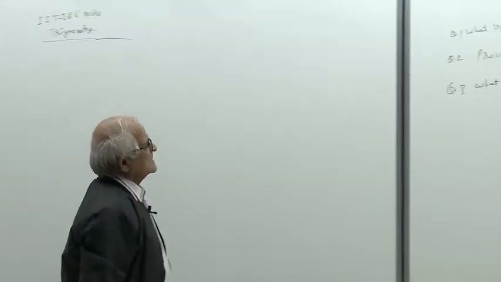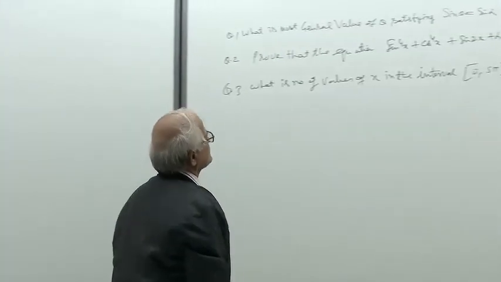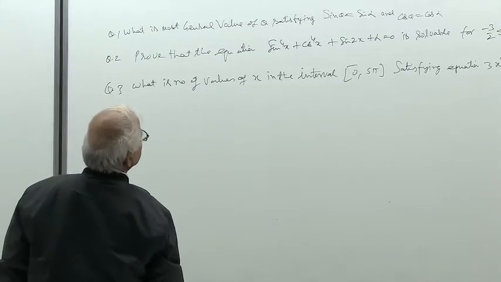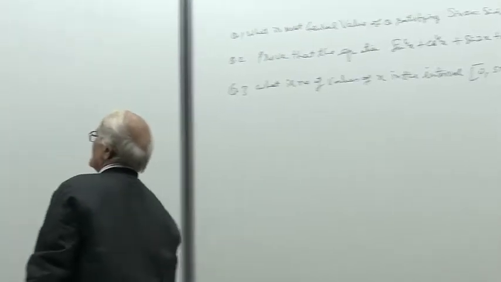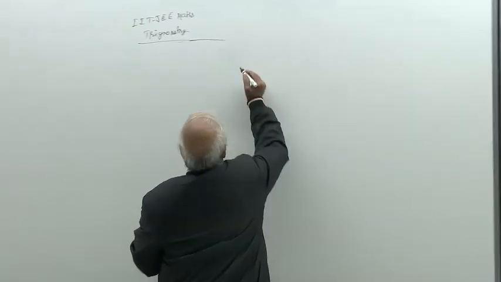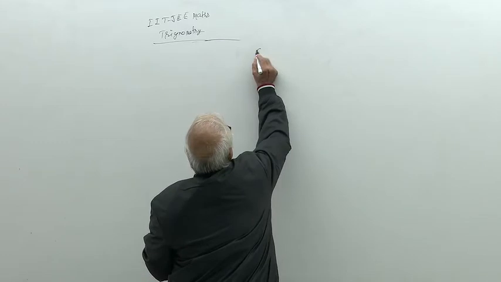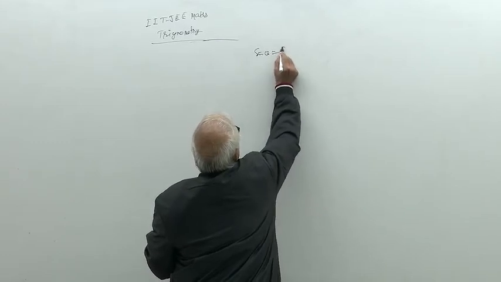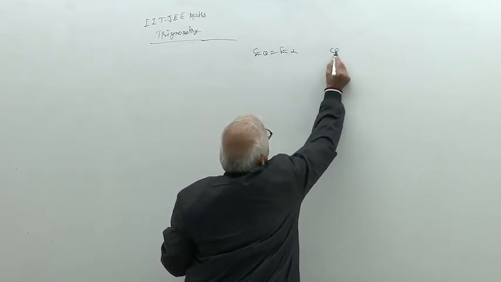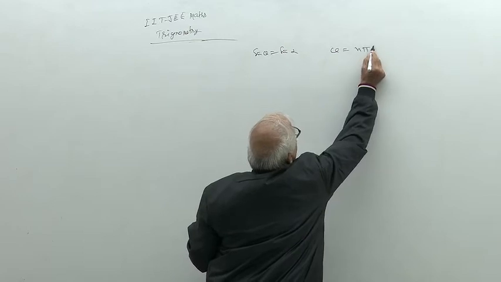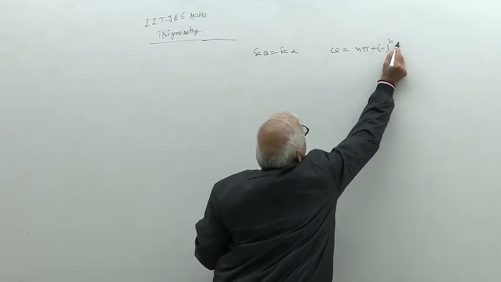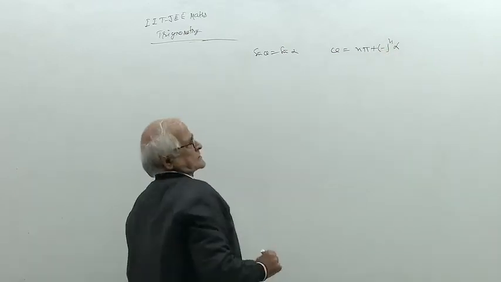What is the general solution of the theta satisfying sin theta is equal to this and cos theta is equal to this? We have the sin theta is equal to sin alpha. We have theta is equal to n pi plus minus 1 for this equation.